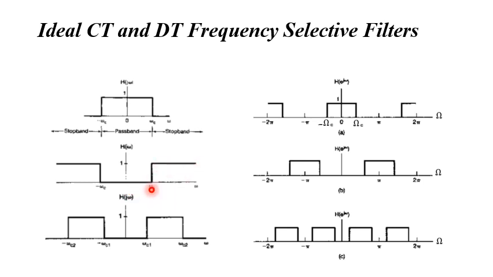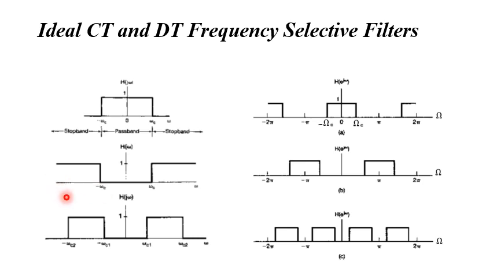The pass band is from omega c up to infinity, and here also from minus omega c down to minus infinity. From minus omega c up to omega c is the stop band of the high pass filter. All those frequencies that are greater than the cutoff frequency omega c are passed, or all those frequencies that are less than minus omega c are passed.